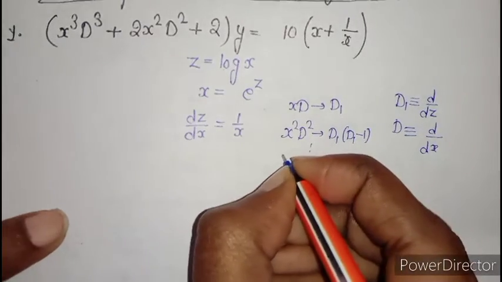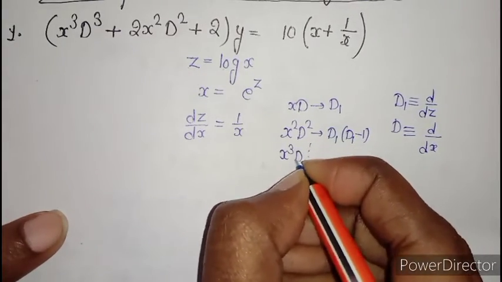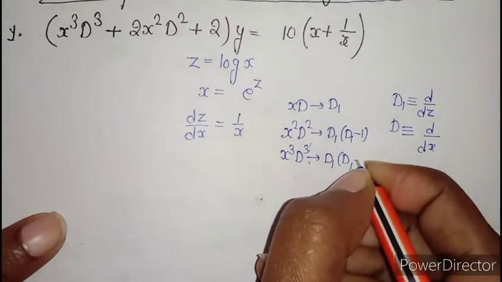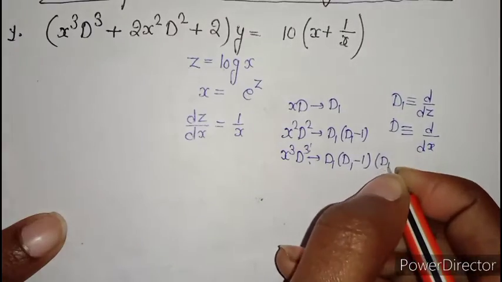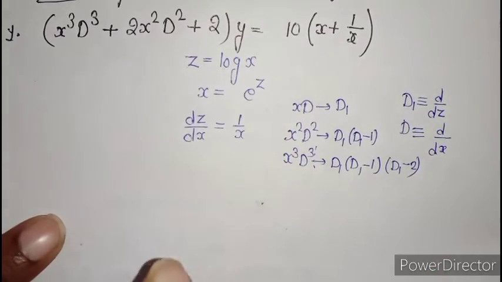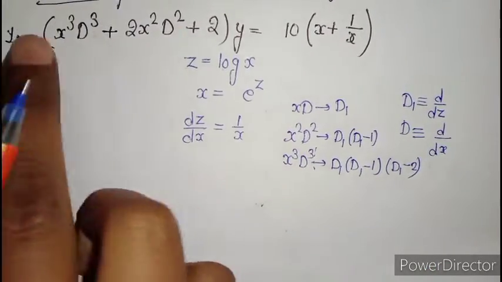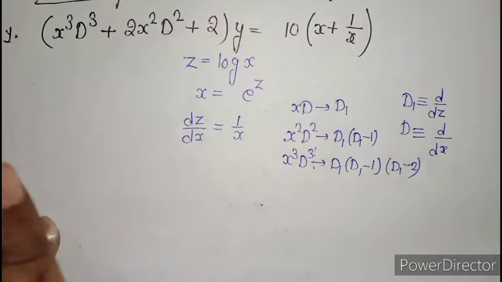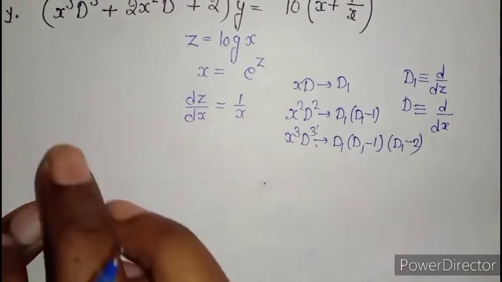And x cube D cube is replaced by D1 into D1 minus 1 into D1 minus 2. In this way we can reduce this linear differential equation with variable coefficients into a linear differential equation with constant coefficients. So I am going to write it.